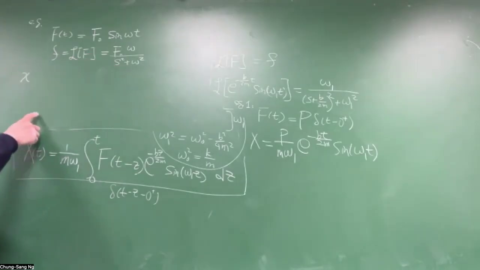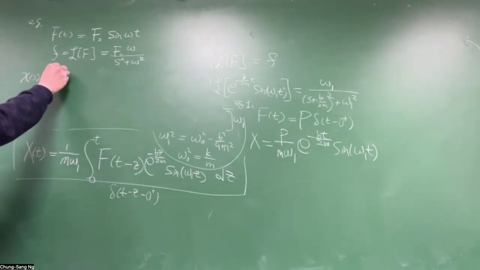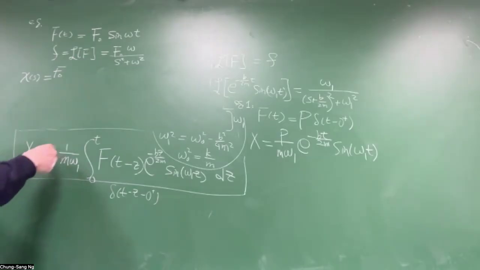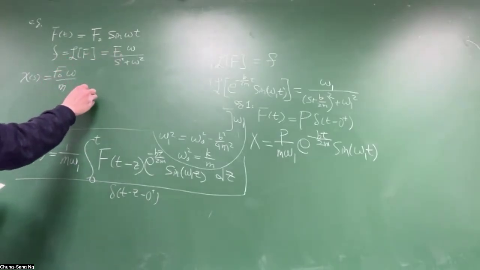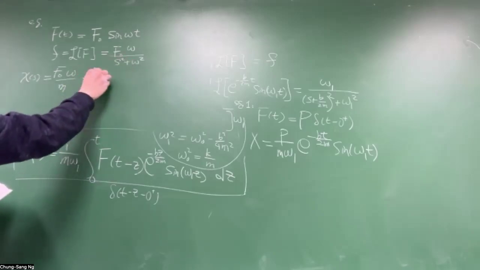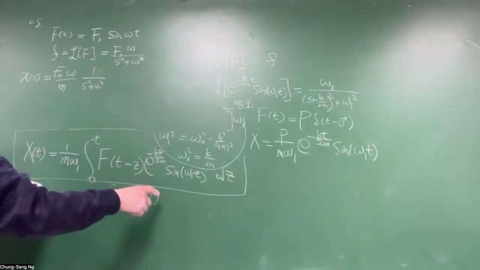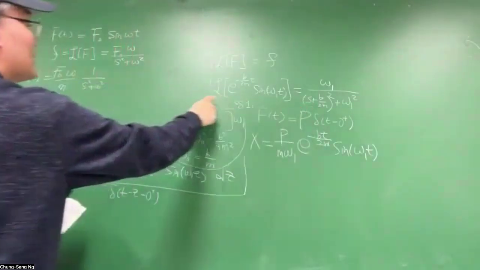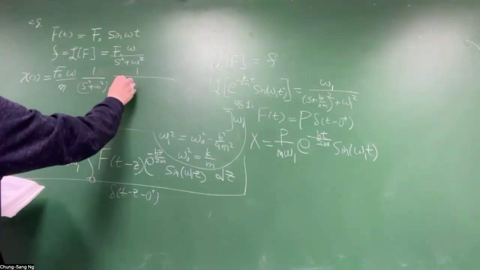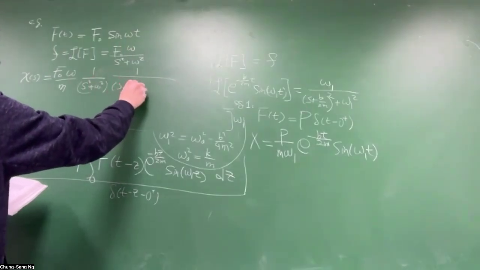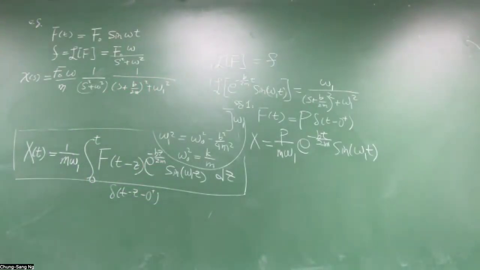So this little x, including all the variables, F0 omega, there's m, and then this one, omega over s squared plus omega squared, and times whatever the other factor is that produces basically this one, s squared plus b over m times s plus omega 1 squared. Right.